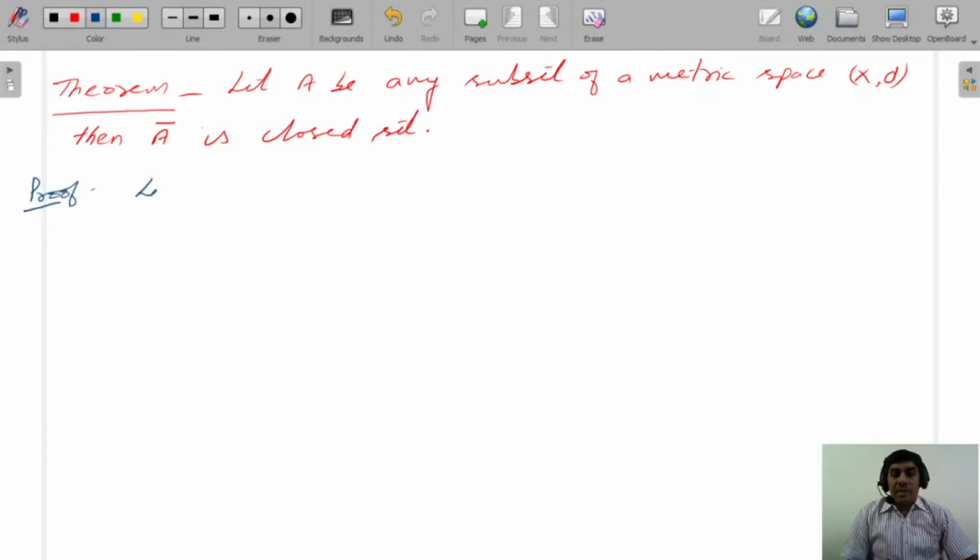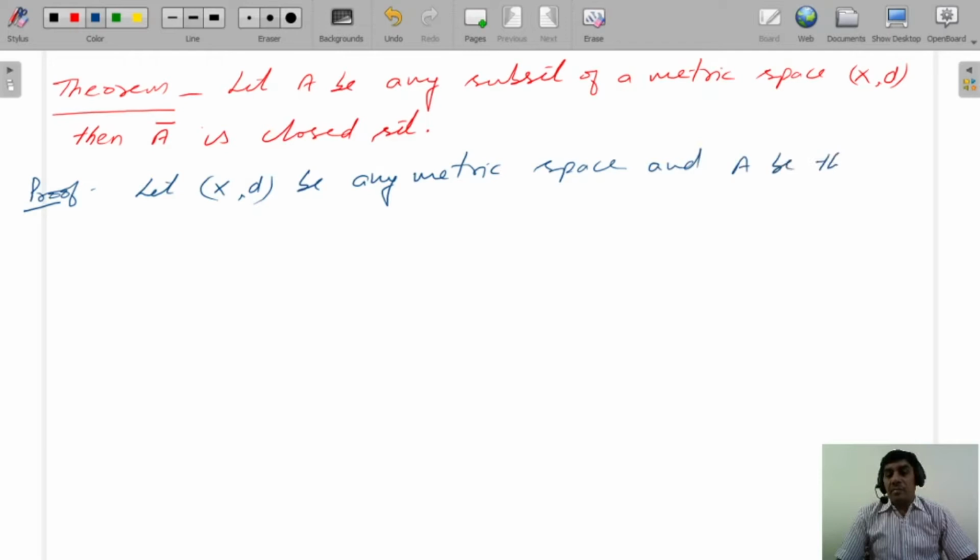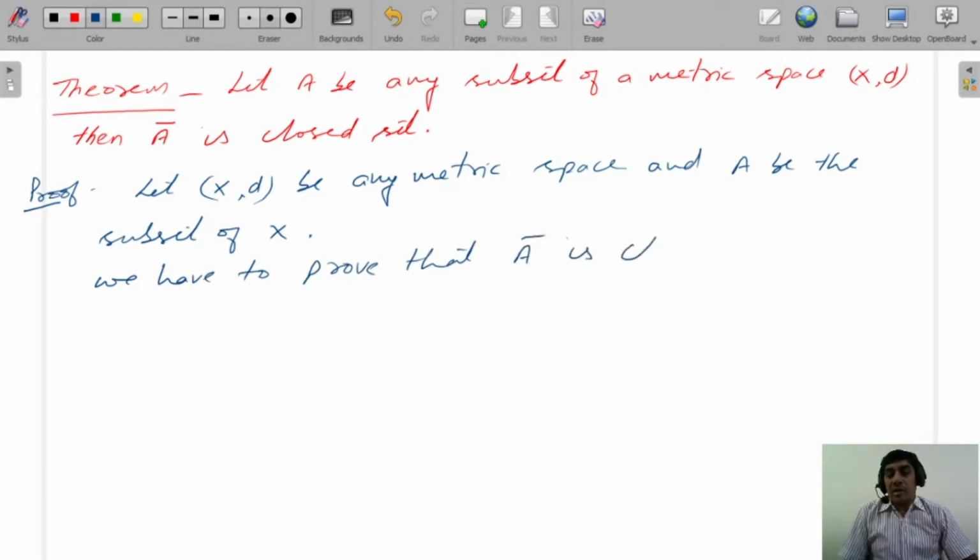Proof. Let (X, d) be any metric space and capital A be a subset of X. We have to prove that A closure is closed.